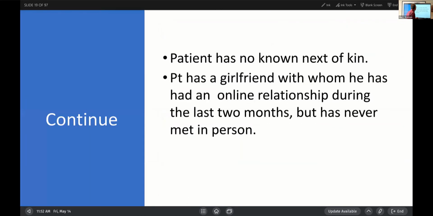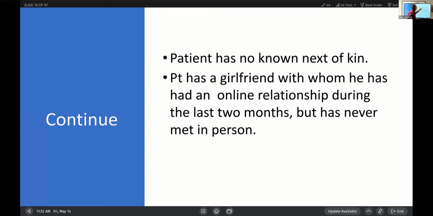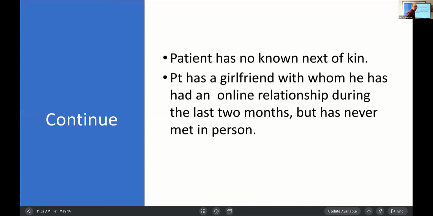The patient has no known next of kin, but he has a girlfriend with whom he has had an online relationship during the last 2 months, but has never met this person face to face.